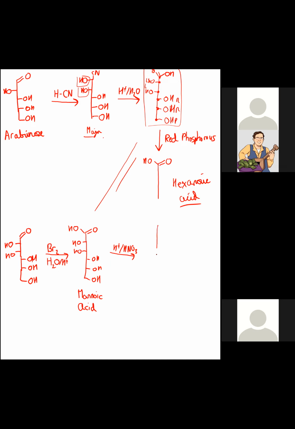Unsurprisingly, it's going to oxidize something. It basically takes the terminal alcohol up to a carboxylic acid. Manoic acid, because of course it is. It's a stupid name, but we'll keep track of that. Okay.